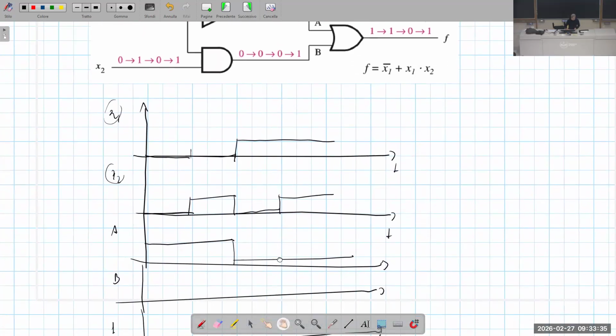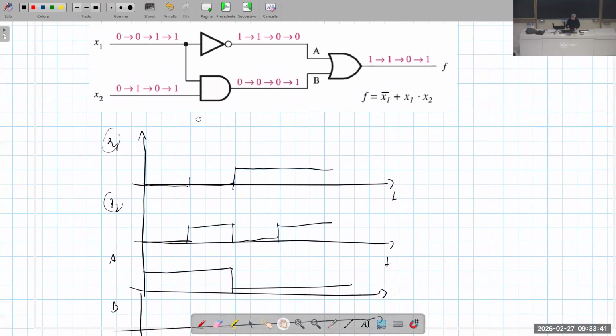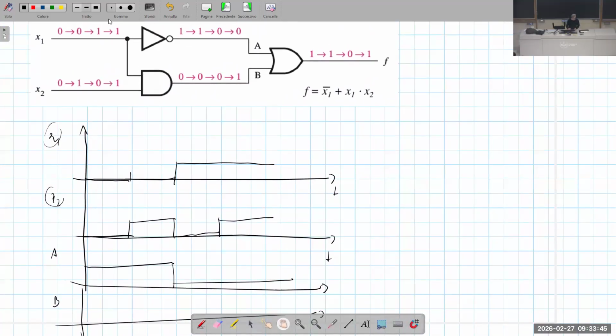For what concerns B, B is x1 and x2. So when we have x1 at 0 and x2 at 0, B is 0.